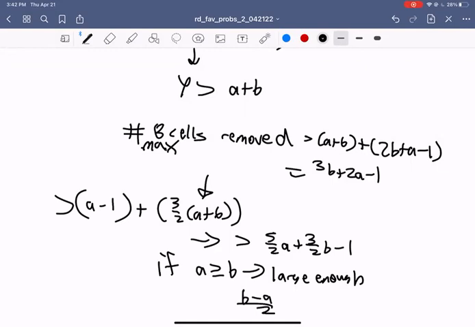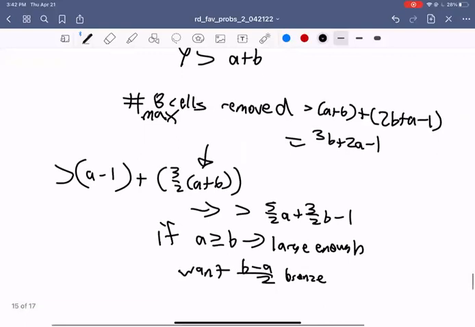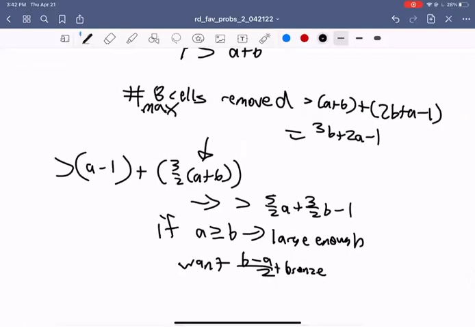So we want a row or column with this. And then we would be fine. And it suffices to, actually we need 1 plus this because of this minus 1 here. So we want a row with B minus A over 2 plus 1 bronze. And to find this, we can again use pigeonhole principle.